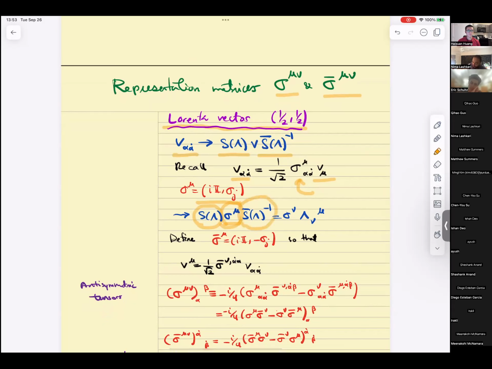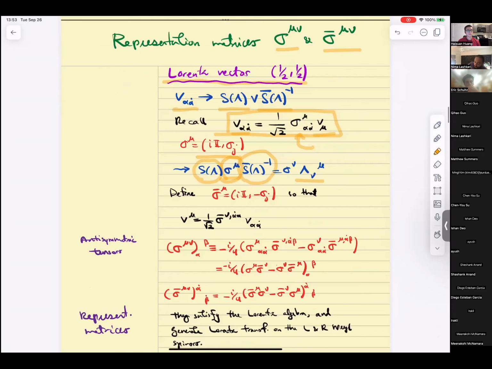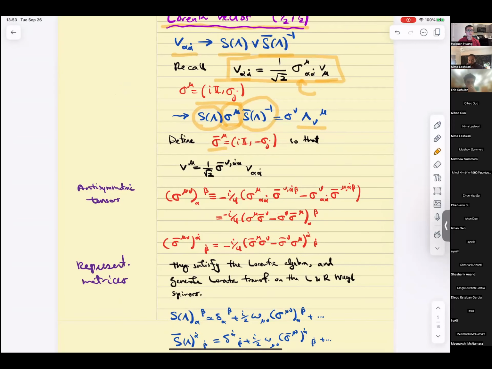If you apply S and S bar to this, it transforms like a Lorentz vector. This is how it transforms. It's just simply what we mean by saying that this V alpha alpha dot is a Lorentz vector. It's convenient to define the sigma bar mu with an extra minus sign here.